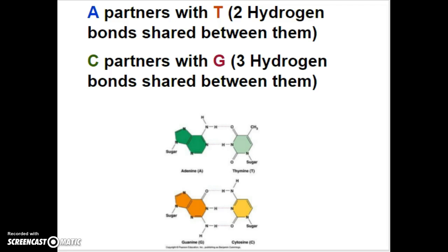Because of Chargaff's work, it was realized that these purines and pyrimidines really did have an association together. In the DNA molecule, adenine always partners with thymine, because they share 2 hydrogen bonds between them. And cytosine partners with guanine, because they share 3 hydrogen bonds between them.